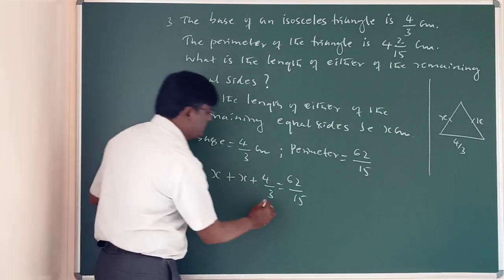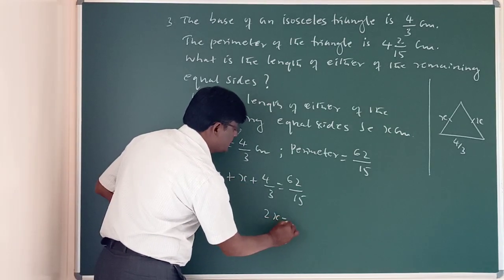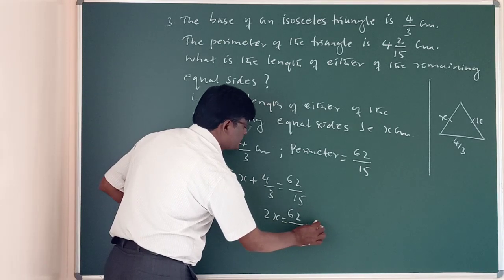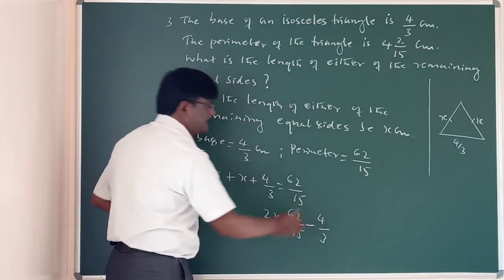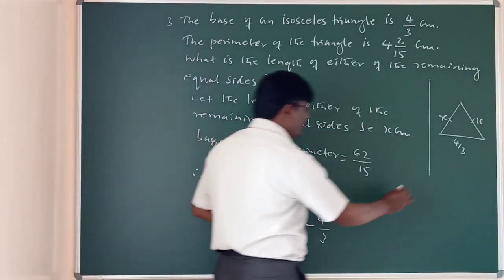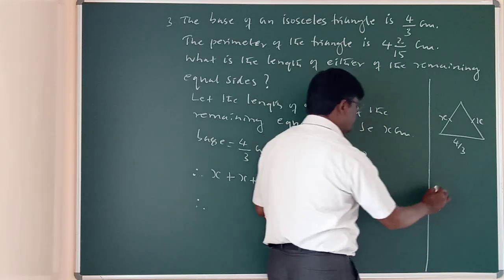Therefore, x plus x is 2x equal to 62 by 15 minus 4 by 3. Then we shall take LCM. What is the LCM of 15 and 3?